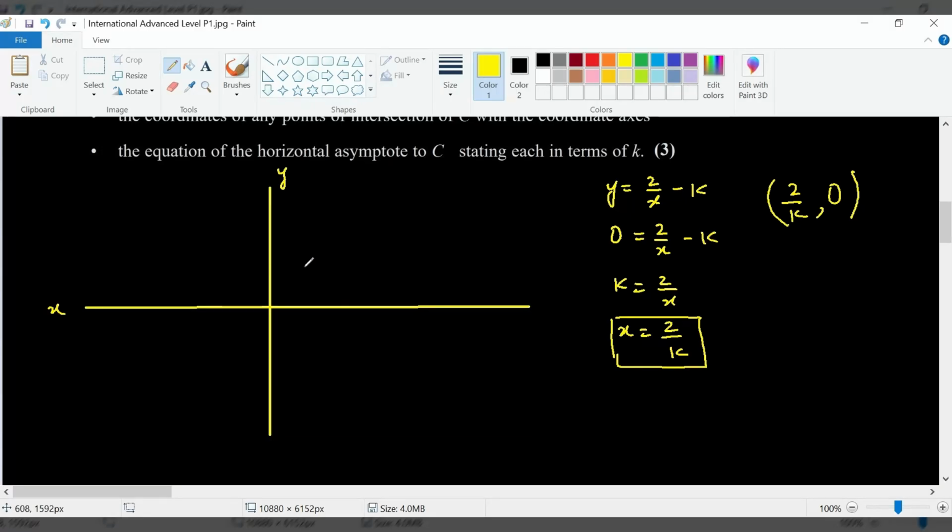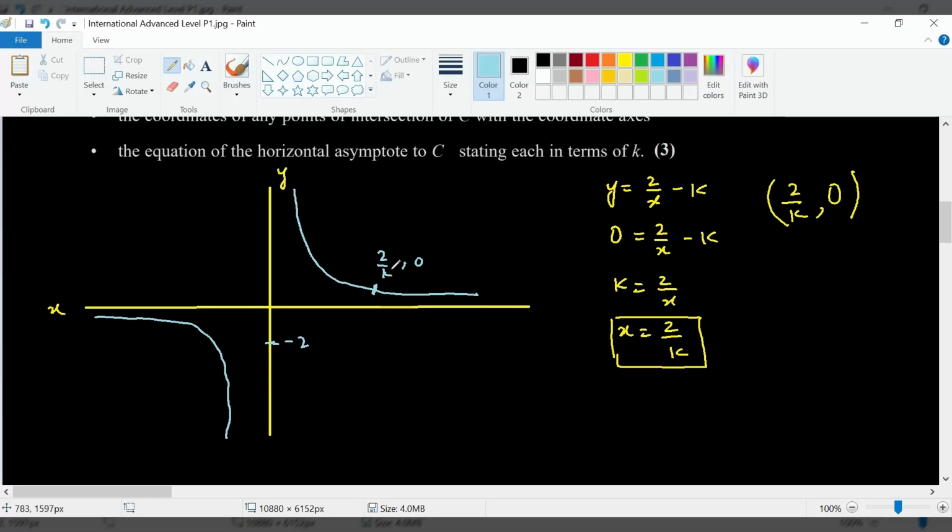Now, since these are x and y coordinates, ultimately we should have a graph something like this. This is negative 2, this one is negative 2, and it is crossing at this point, which is going to be 2 over k, 0.